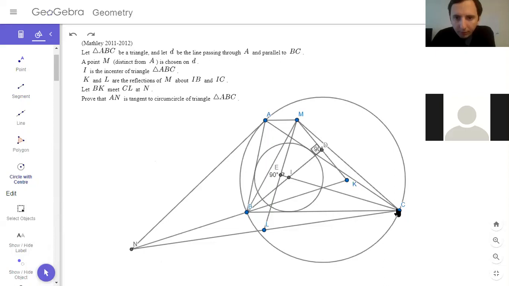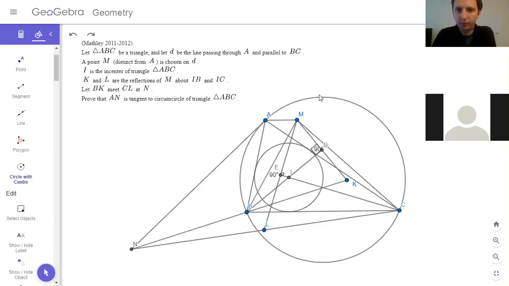Yeah, we have two isosceles triangles like this. And so angle ABM is equal to angle CBK, right? Maybe it's worth extending CM to meet the circle.